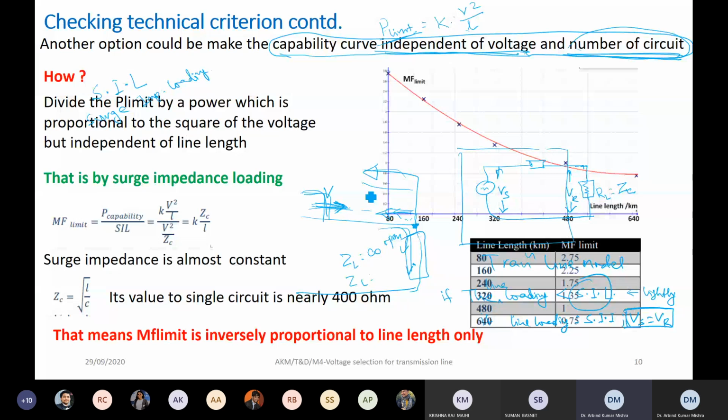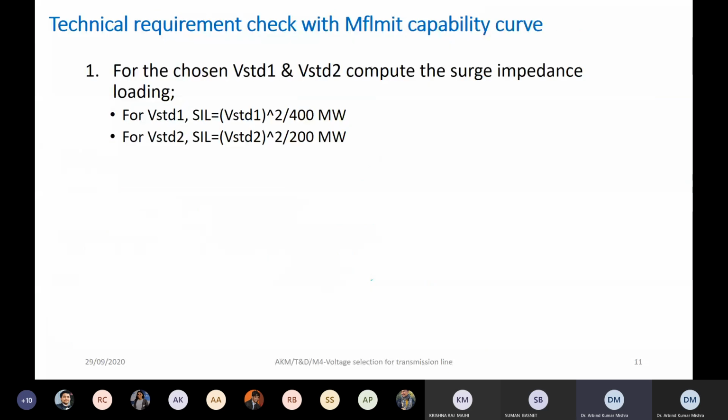V standard 1 is the standard voltage very nearby the economical voltage calculated for number of circuit 1, and V standard 2 is the standard voltage you chose very near to the economical voltage computed for double circuit. So we can calculate the surge impedance loading for standard 1 voltage and standard 2 voltage like this.